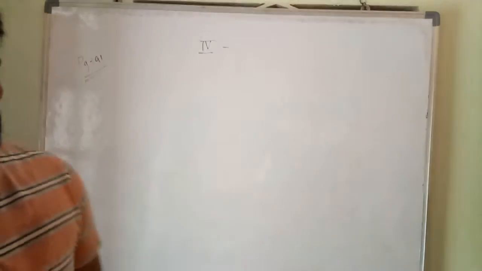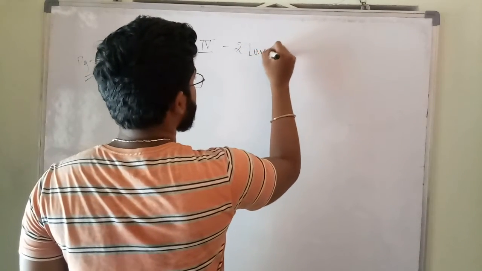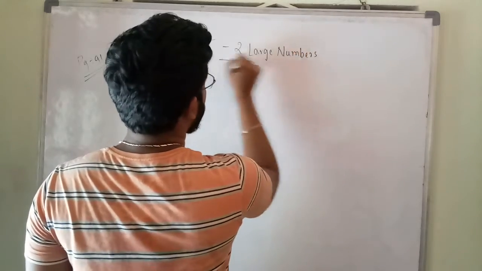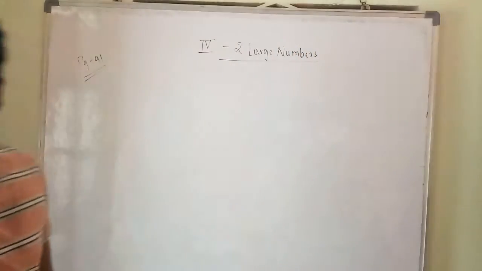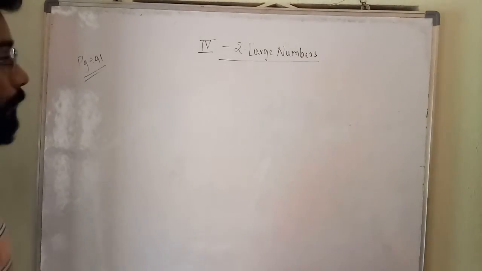So what is the chapter name? It is large numbers. Okay, so let us see place value and face value.